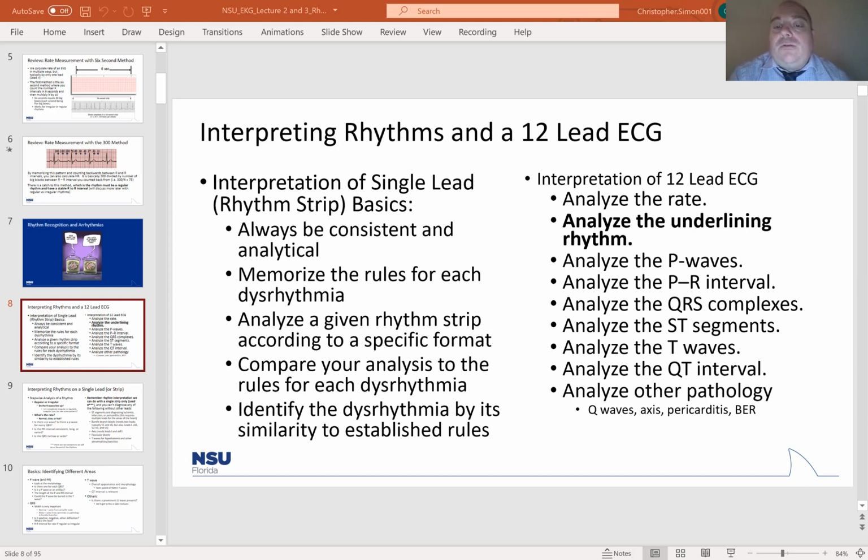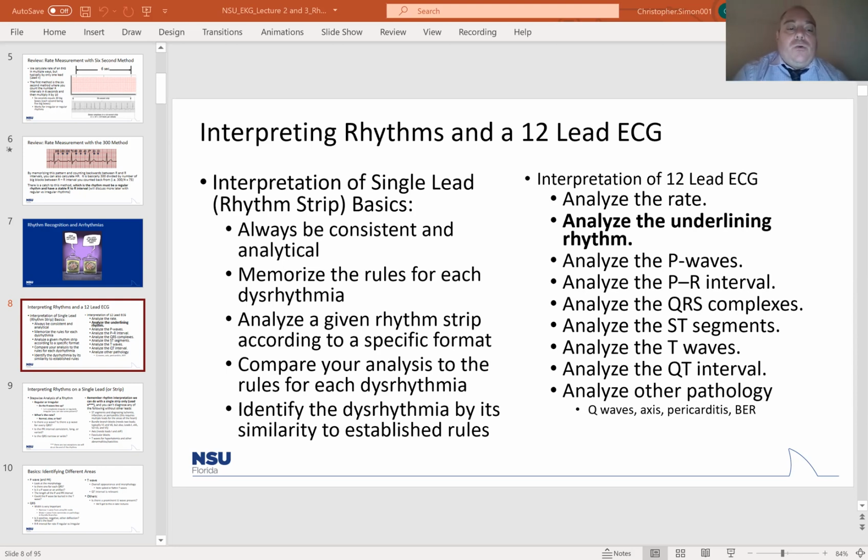So first thing I'll ask the student is, what is the criteria for an idioventricular rhythm, junctional rhythm, wandering atrial pacemaker, whatever, right? And if they can't tell me what the criteria is, then you never really had a chance to figure out or know what that rhythm was, because the information that you need isn't there.